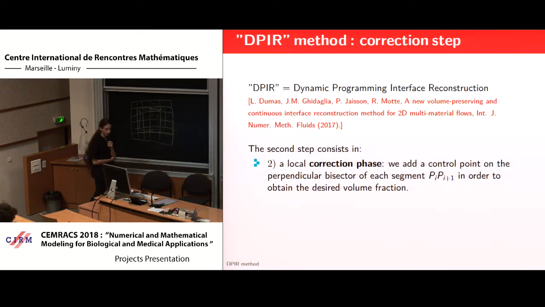And so the idea of DPR is to add in each cell a control point to increase or decrease the volume induced by the first step. For example, if here you have to add a small volume in this cell corresponding to the inner material, DPR is going to construct a point here and add the volume in the triangle induced by this new point.